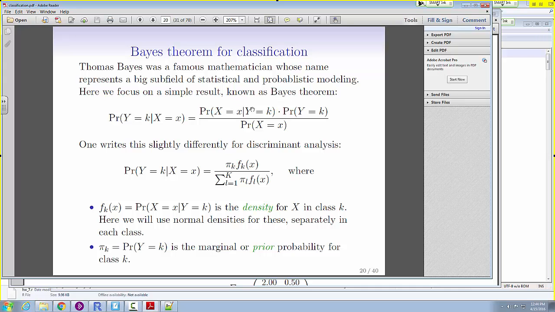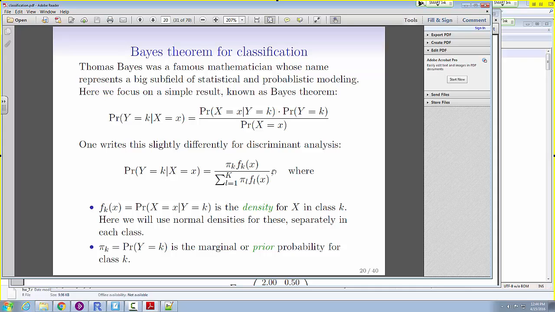If there is a likelihood model for our input variables by class, and if there's a prior probability for the classes, the best classifier possible in terms of minimizing the misclassification error rate is called the Bayes classifier.